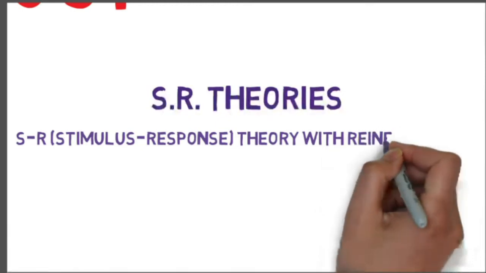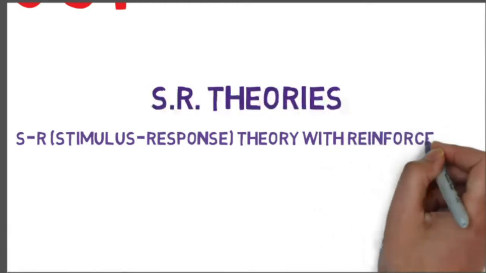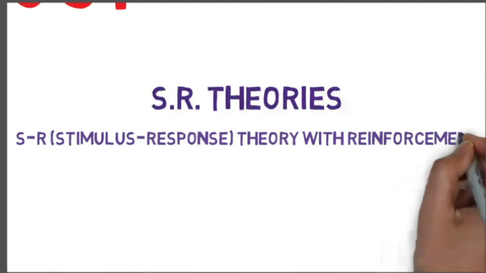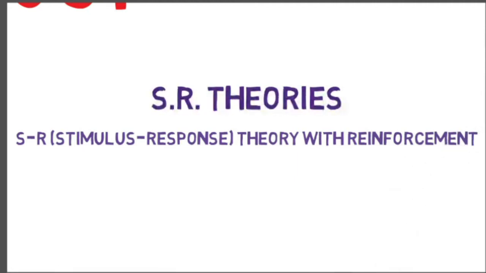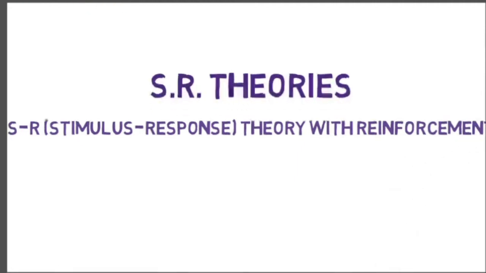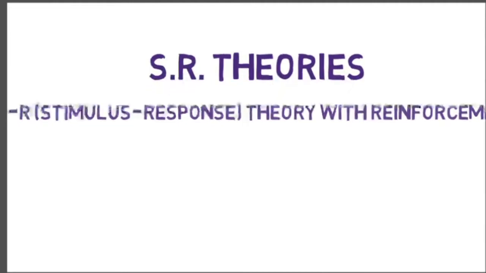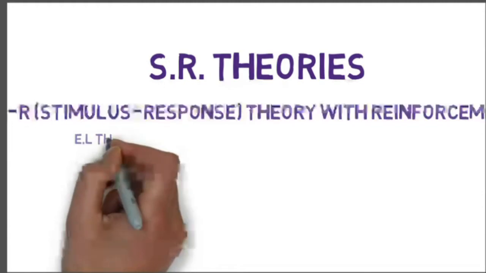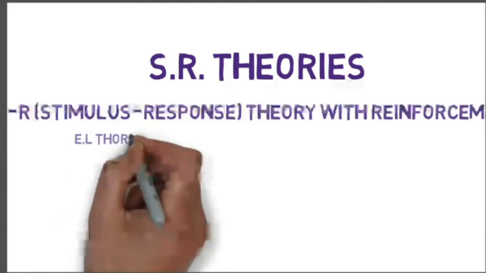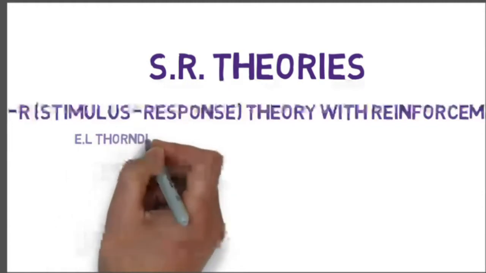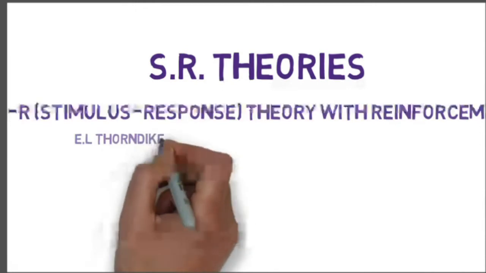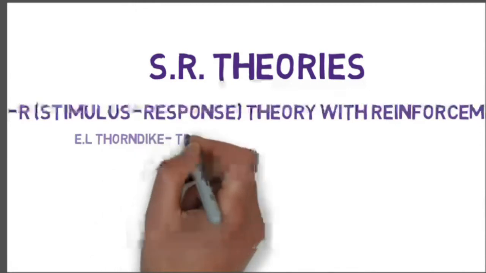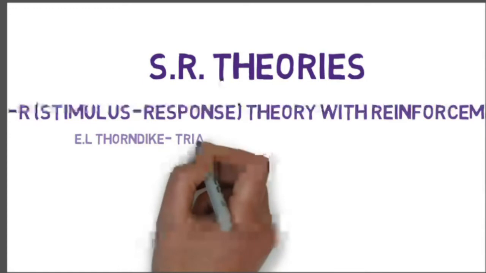So according to Thorndike, all learning takes place because of a formation of bond or a connection between the stimulus and the response. He further says that learning takes place through a process of approximation and correction.